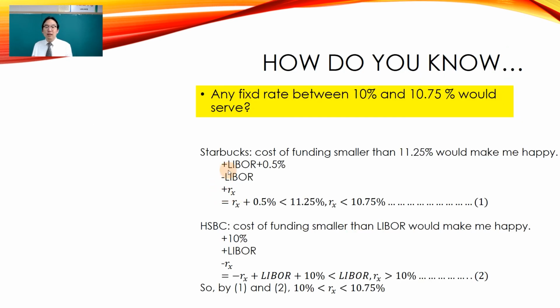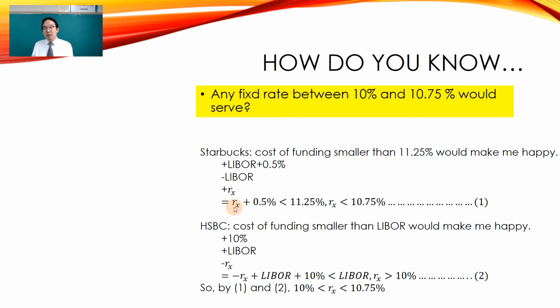So net, that's LIBOR plus 50 basis points minus LIBOR plus RX. This is about the cost going out, so plus means expense, minus means income or revenue. If you do the math, you will find it's going to be RX plus 50 basis points, because LIBOR cancels out. And as long as this total net interest expense is smaller than 11.25 percentage point, the CFO will be happy at Starbucks.